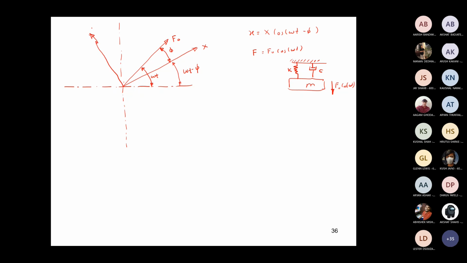So the velocity vector will be perpendicular to the displacement vector. Okay, so this is the velocity vector, and it has to be perpendicular to the displacement vector. That we have already derived. What about the acceleration vector?